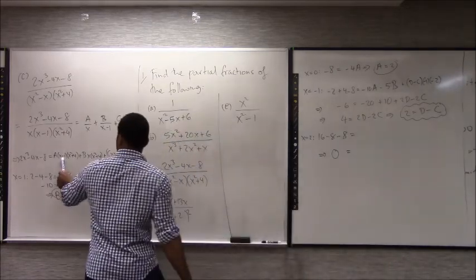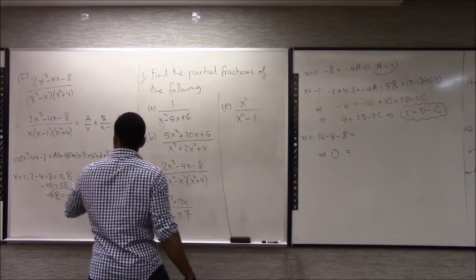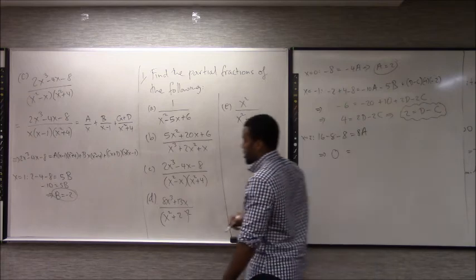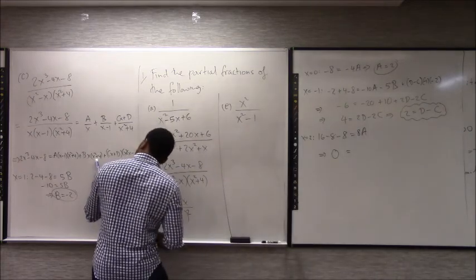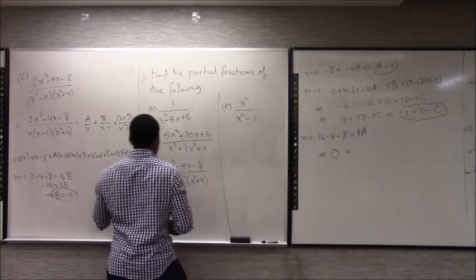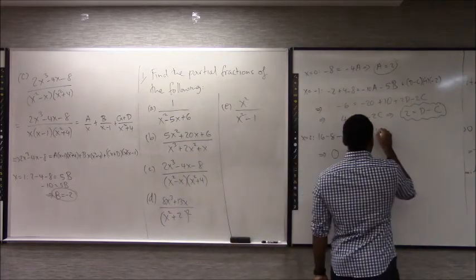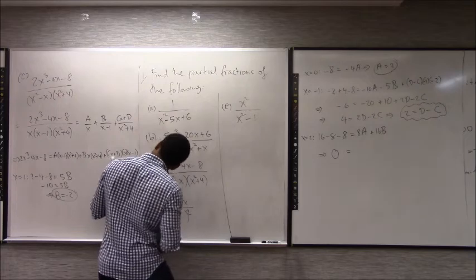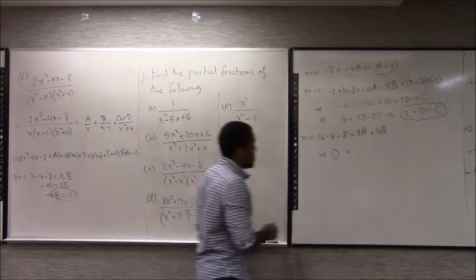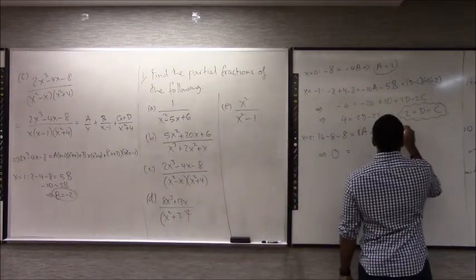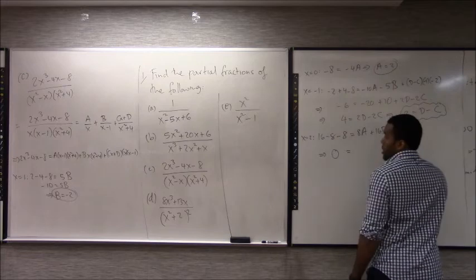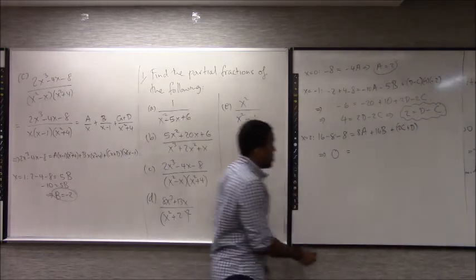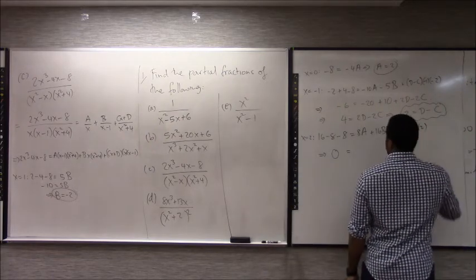Then if I'm plugging in 2, this becomes a 1. This will become an 8, so that's 8a. Plug in 2 here. This will become an 8, that'll become a 2, so that's 16b. Plug in 2 here. This will become 2c plus d. Two here, you get a 1, 2 here, you get a 2, so that's all just times 2.